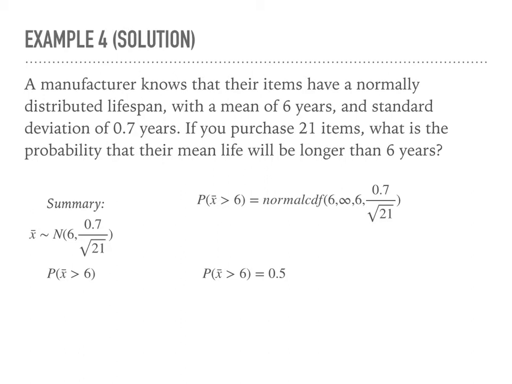Now this one is an interesting example that I do want to spend a little time talking about. We know that the population mean is 6 years. If we were just talking about data values, ignoring that we're using the central limit theorem for a second here, we know the probability of being strictly greater than the mean is going to be 0.5.